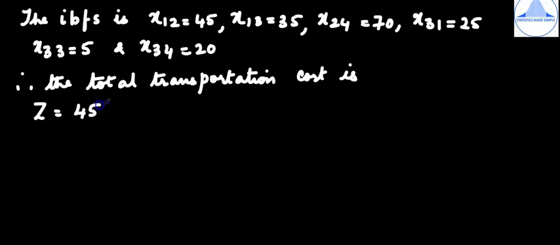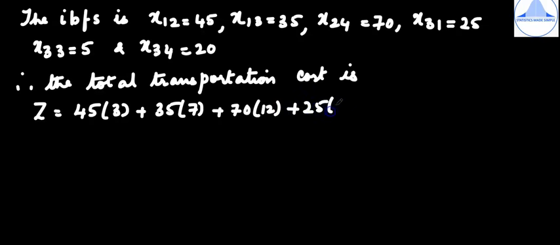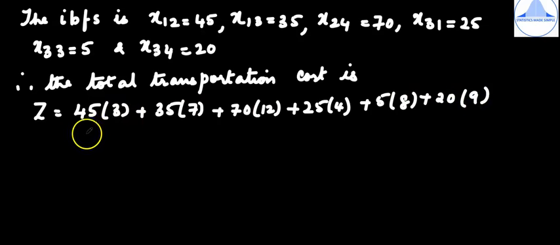So it is 45 into 3 plus 35 into 7 plus 70 into 12 plus 25 into 4 plus 5 into 8 plus 20 into 9.